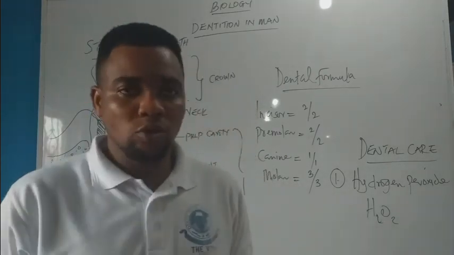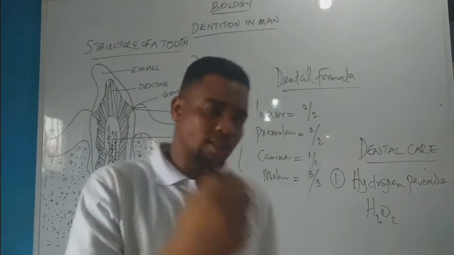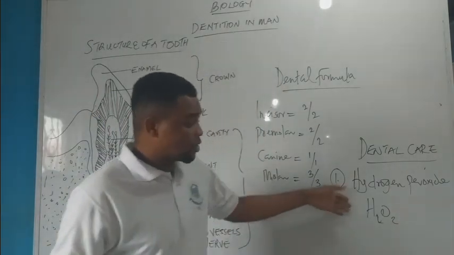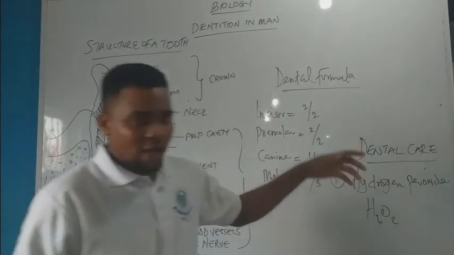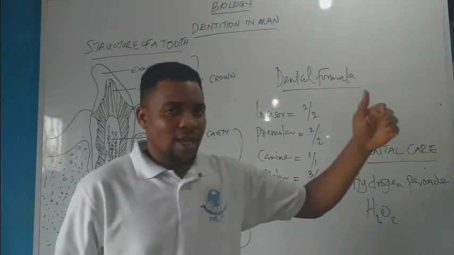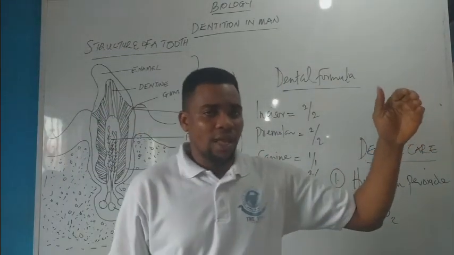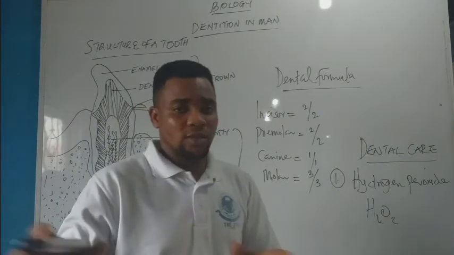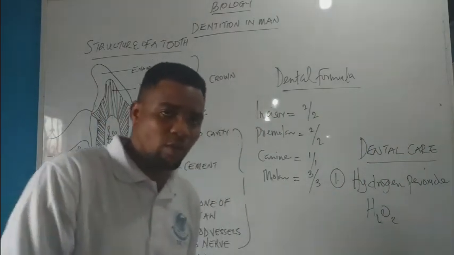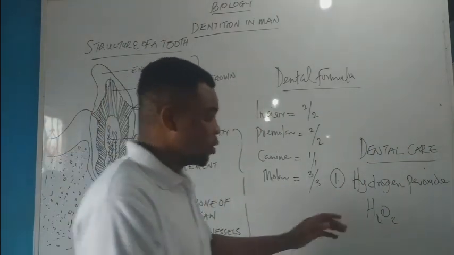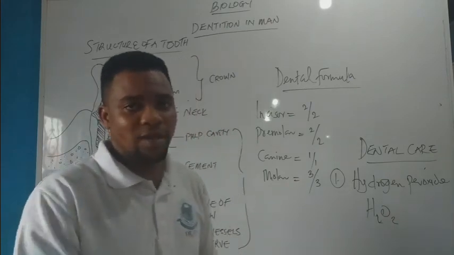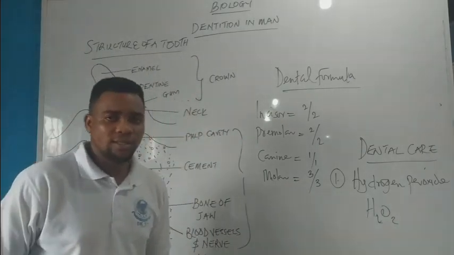Most times they use hydrogen peroxide for dead, decayed cadavers. Cadavers are called dead bodies, used to wash the body, with hydrogen peroxide and formalin. Okay, that's the end of today's class. Thank you for your time.